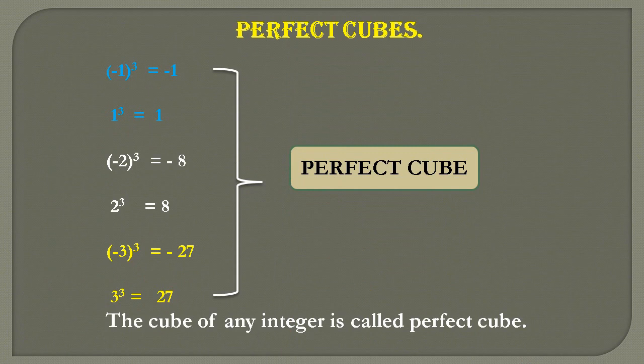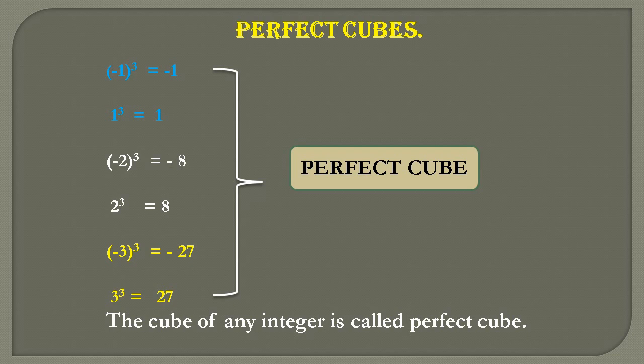Let us learn what are the perfect cubes. Cube of minus 1 is equal to minus 1. Cube of 1 is equal to 1. Cube of minus 2 is equal to minus 8. Cube of 2 is equals to 8. Cube of minus 3 is equal to minus 27. And cube of 3 is equal to 27.